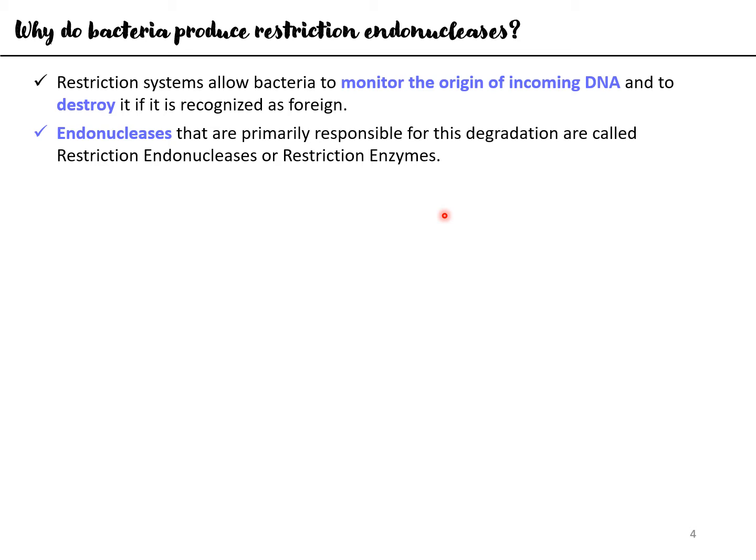Now one more point, why are these enzymes called endonucleases? Because they cleave within the DNA molecule. Enzymes that cleave at the edge of the DNA molecule would be referred to as exonucleases, hence the distinction. So restriction endonucleases, like I have already mentioned, are a part of the bacterial immune system.